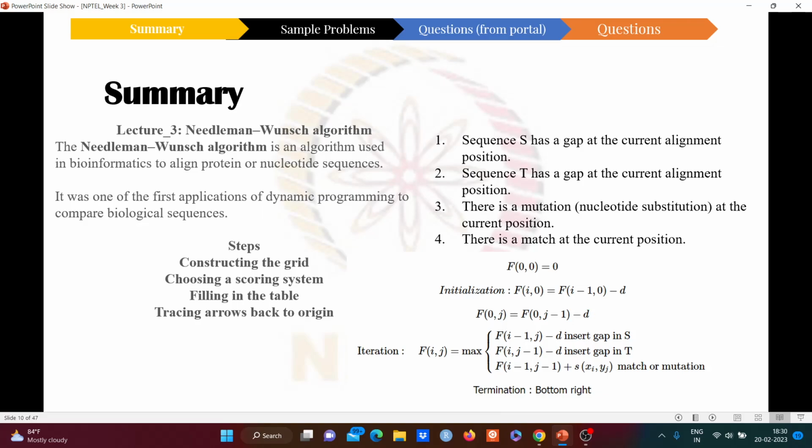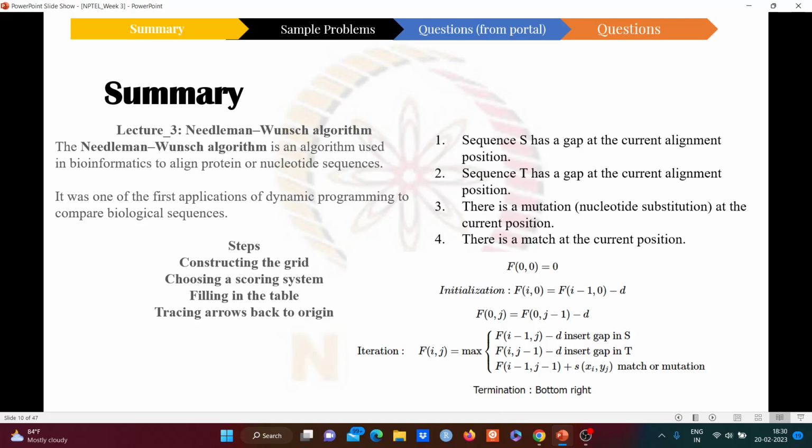That is, in the first row and first column, we are aligning our sequence with a gap, which represents the cost of opening a gap in the alignment. And the topmost left corner of the matrix is set to 0. You can see here f of 0,0 in the matrix, where the first 0 represents the row and the second represents the column.